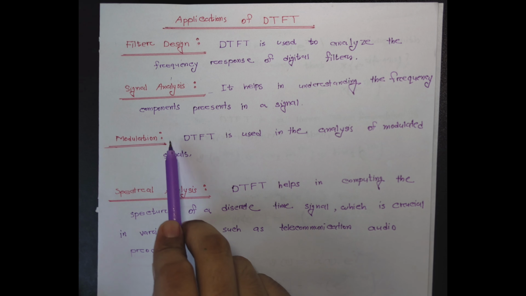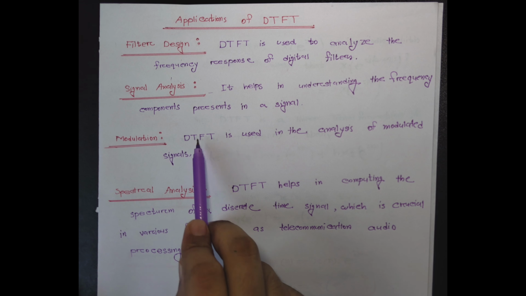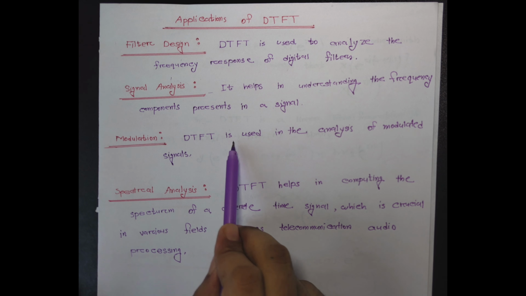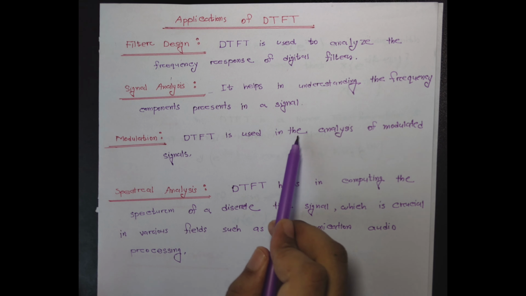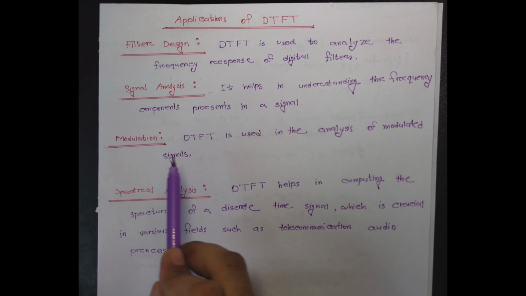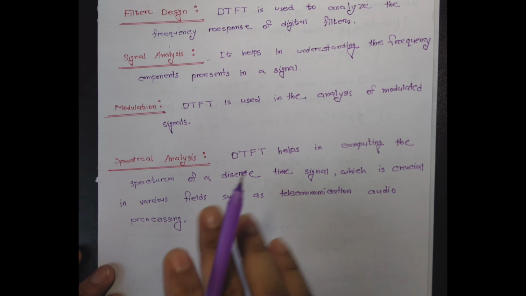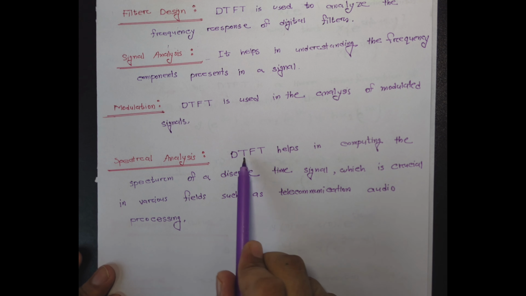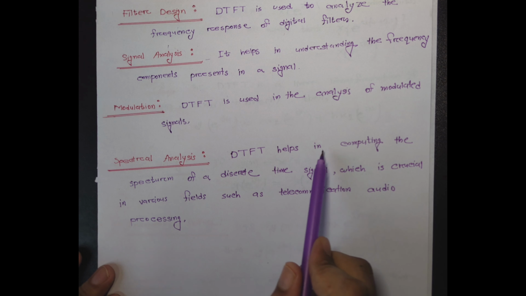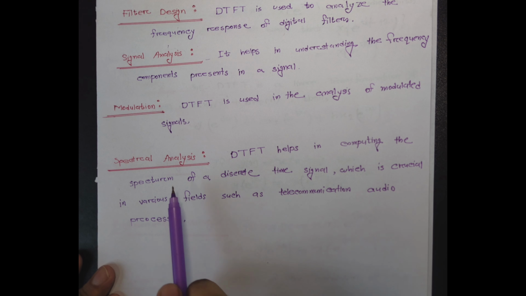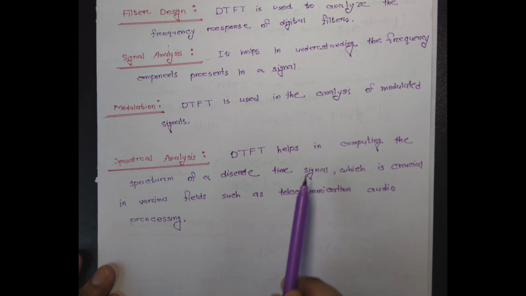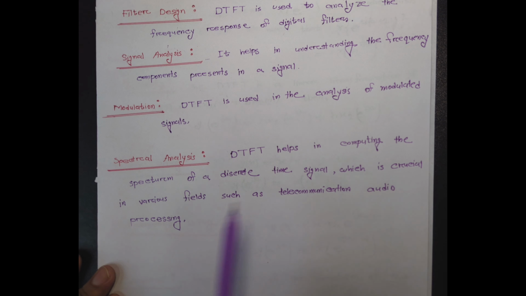In modulation, the DTFT is used in the analysis of modulated signals. In spectral analysis, DTFT helps in computing the spectrum of a discrete time signal, which is crucial in various fields such as telecommunication and audio processing.